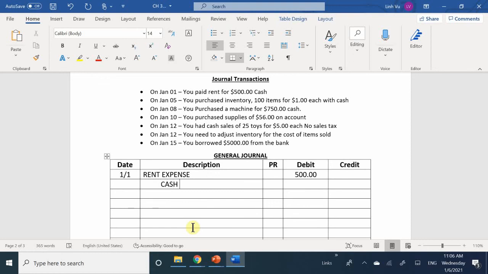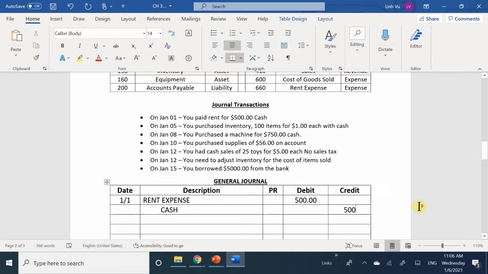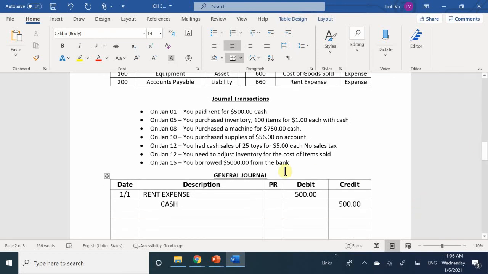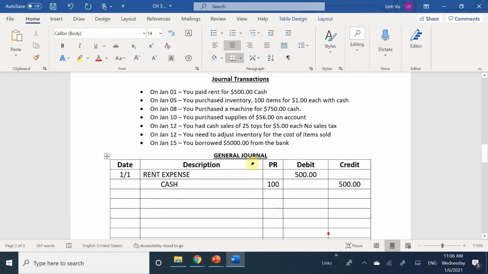We no longer have the cash in our hands, so we're decreasing my cash account, for 500. Cash is account number 100, and my rent expense is account number 660.